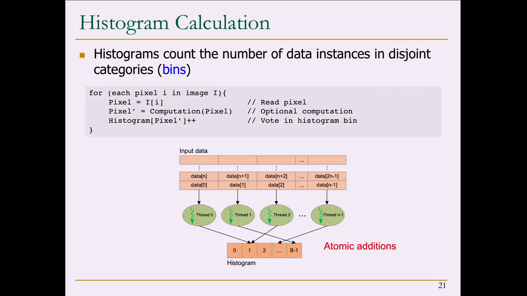Why is the gather approach, even though it avoids the use of atomic operations, not a good idea in the particular case of generating a histogram? It's because of the size of the histogram and the size of the input image. Usually the size of an image is very large, with hundreds of thousands of pixels, while the output histogram is going to be maybe 100 bins. 256 bins is a typical number, right?